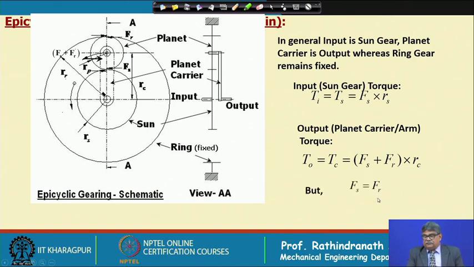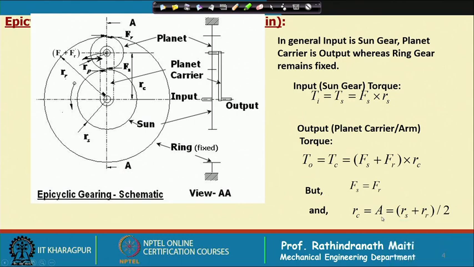So, therefore, now as I told, Fs is equal to Fr, therefore, we can write the torque here is equal to (Fs plus Fr) times Rc. Rc is nothing but the center distance between the sun and the planet, which is Rs plus Rr, the radius of this one, divided by 2.